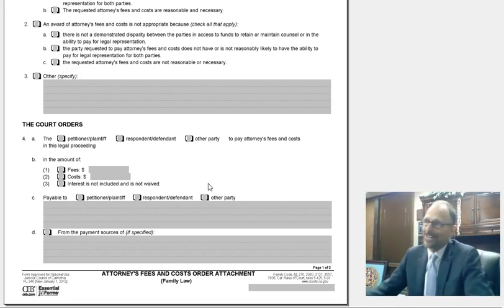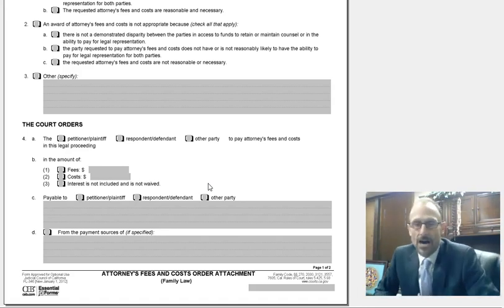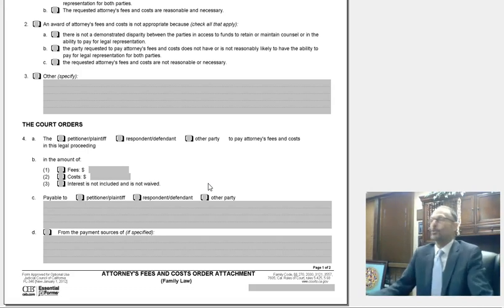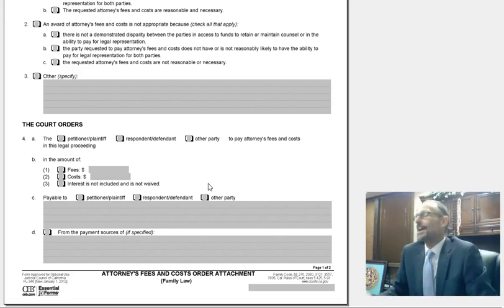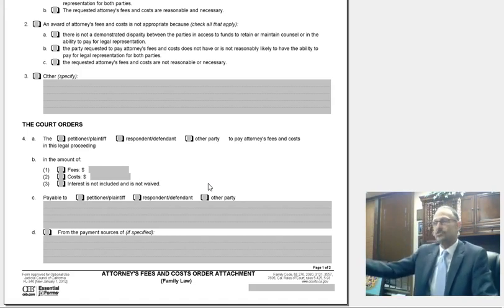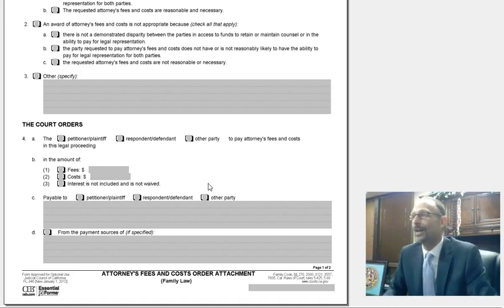Those aren't good ways to ask the judge to pay for your attorney's fees. They might order it. I've gotten orders on countless occasions where the judge said, "Sorry, sir, liquidate part of your 401k and pay the attorney's fees."